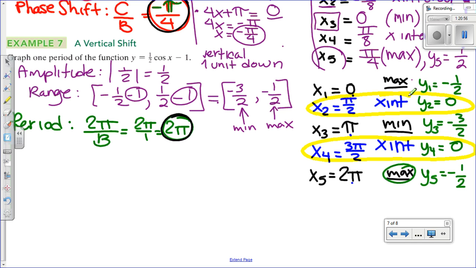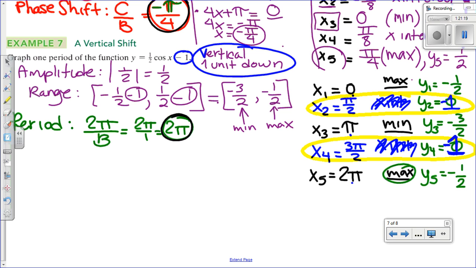Because there was a vertical shift of 1 unit down. So those points, the y coordinates, are not really going to be 0. They're going to be -1. And so because we're saying the y value is -1, we're not going to call them x-intercepts anymore.